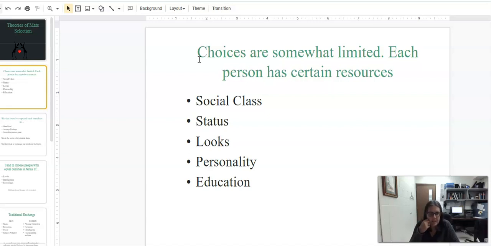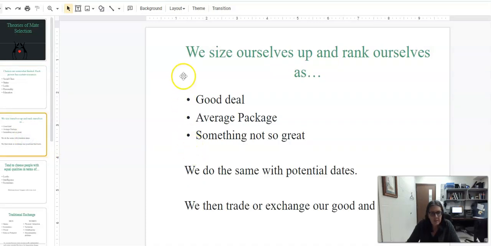So it might be social class, status, looks, personality, education, any kind of things that you usually would know quickly when looking at somebody. So we size ourselves up and we rank others. So do we think they're a good deal, average package, something not so great? And we do this same with potential dates, and then we kind of trade or exchange our good and bad traits. So how does that work?